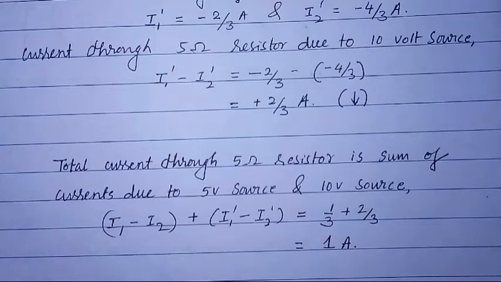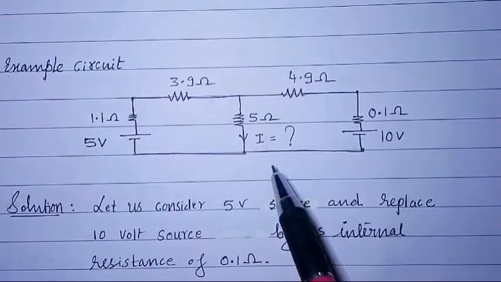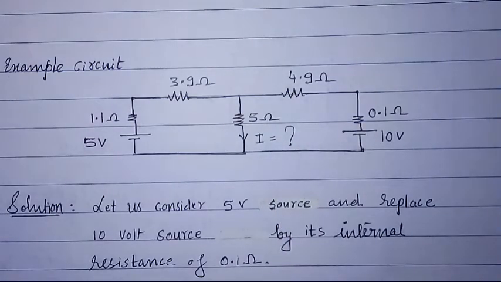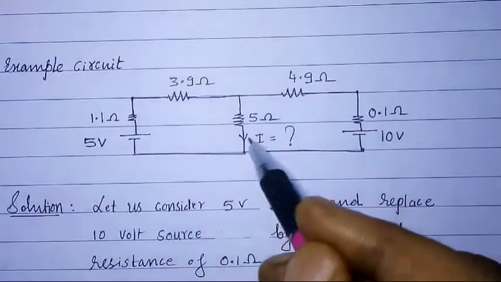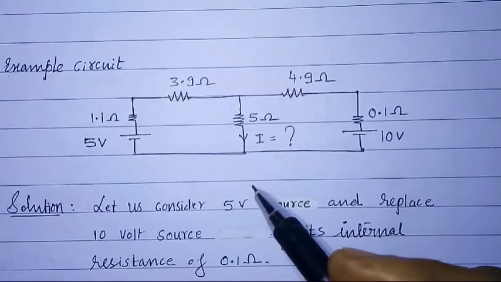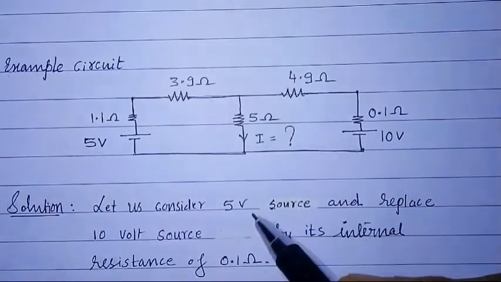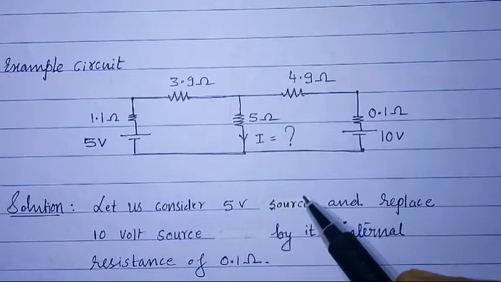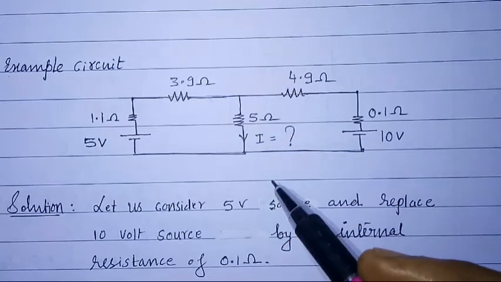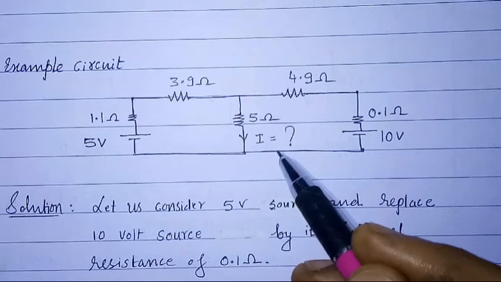Now let us say in the same problem, that is in this circuit, if this 5 ohm resistor is replaced by some other value and we are asked to calculate current through that resistor, then again 10 minutes we will have to spend in writing equations and solving those equations and to finally get the current through that given resistor. So that will take 10 minutes of time.